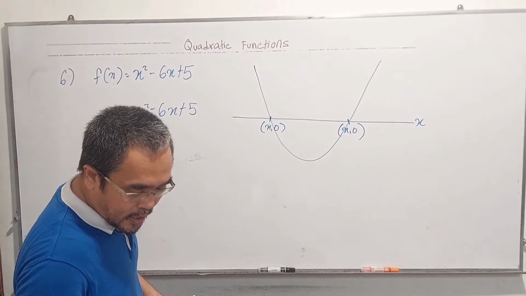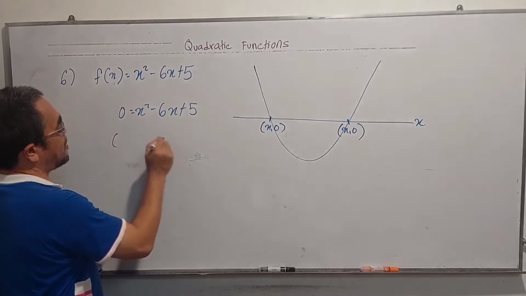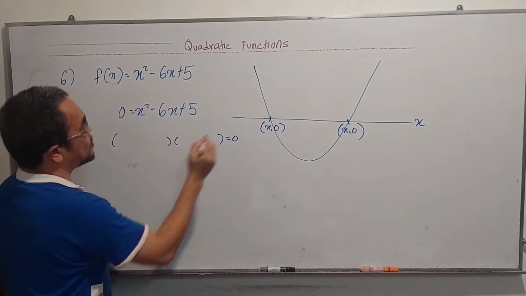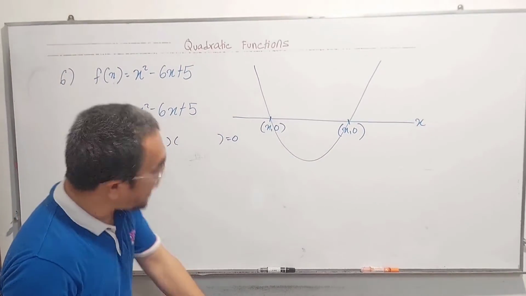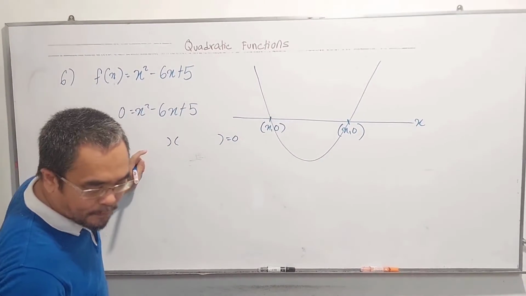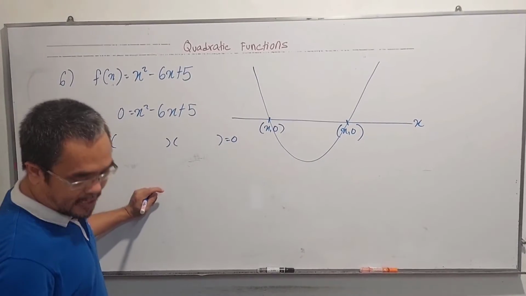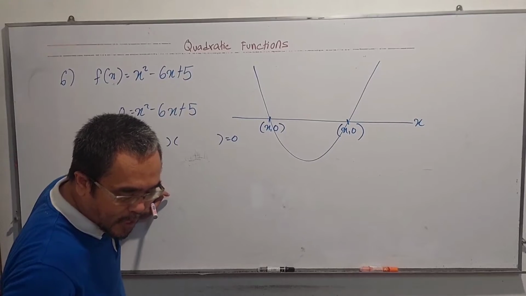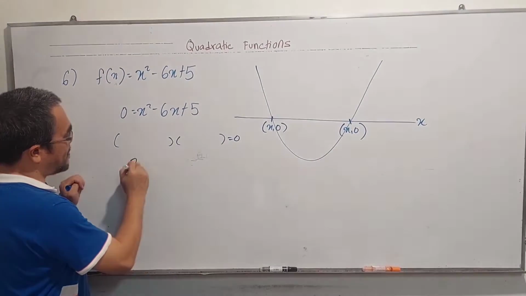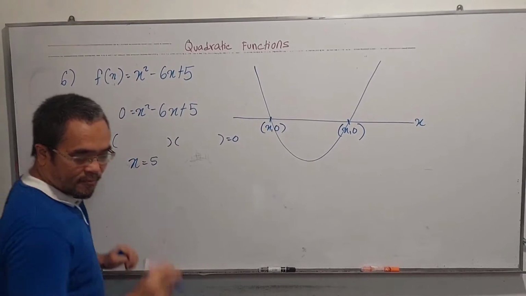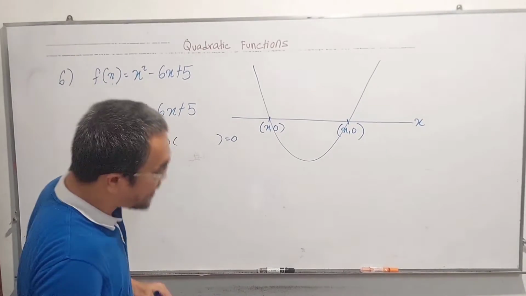That is, you press the calculator, equal to 0 here, and a here is 1, b is negative 6, and c is 5. So the first value will be 5, the other value is 1.